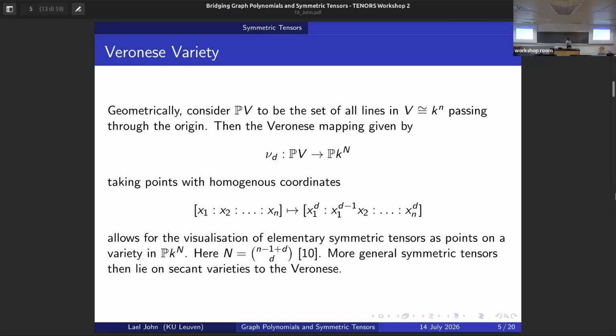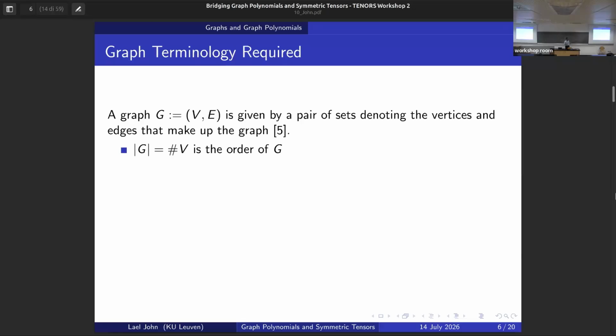And these basically allow me to talk about elementary symmetric tensors lying on a variety in some P^N, where N is given by choosing d elements out of n with replacement, right? And so that's essentially all about symmetric tensors, how I can see them algebraically, how I can see them geometrically, where the graphs come in. So I'm going to introduce some graph terminology, right?